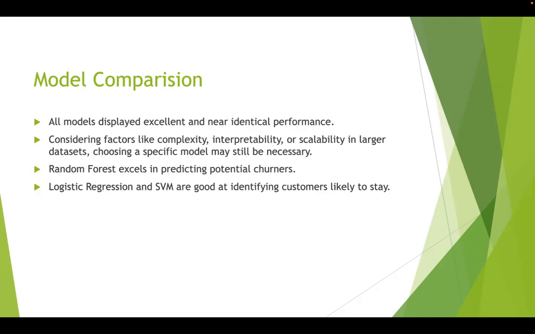A model like random forest and decision trees might give more insight into the specifics of certain outcomes. But for pure prediction, logistic regression and support vector machines were good for identifying churn or not.